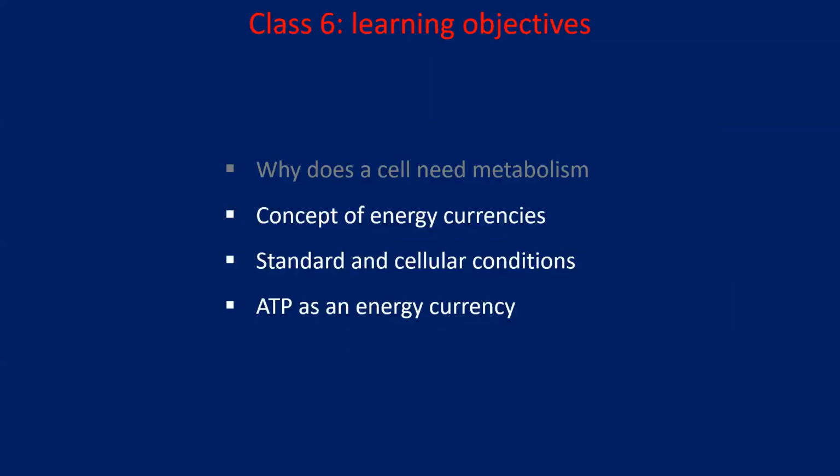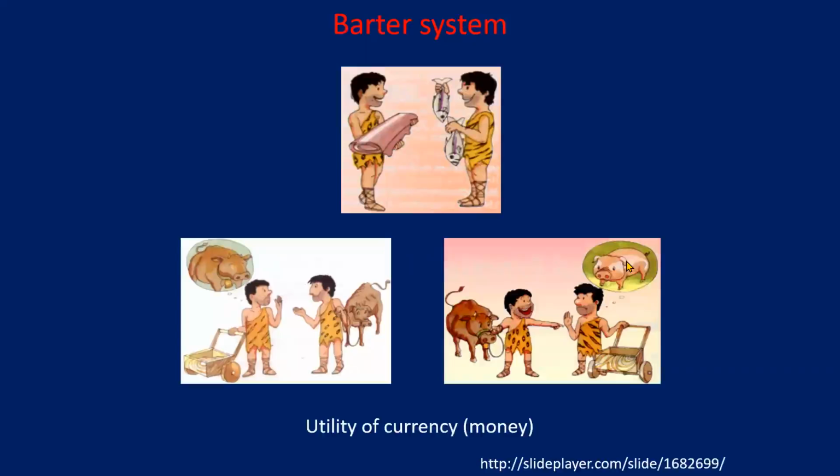Now I'm going to move to the next objective, that is the concept of the energy currency. Before learning this energy currency, I'm going to give you some analogy. Right now you have rupees, dollars, euros, pounds, all these systems as currency.